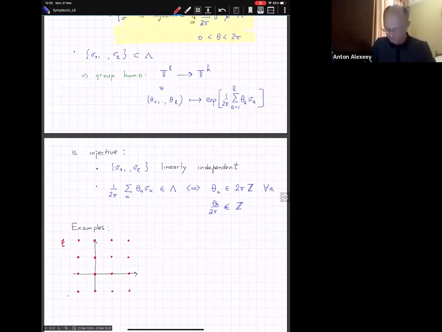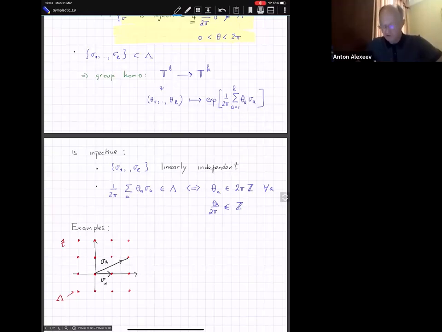So this is lambda, and now I'm choosing two vectors v. So this will be v1, and this will be v2. So what's your judgment? Is the condition verified?